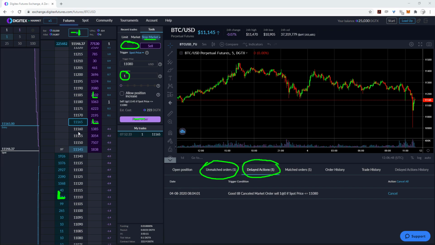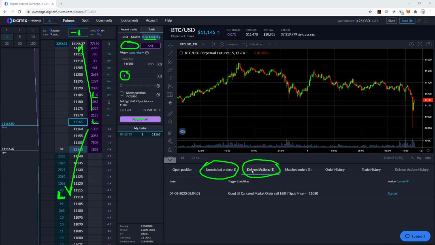And make sure that whether you get filled at the profit target or get stopped out, you go back and close any unmatched orders or delayed action orders that are out there. Make sure you clean up after every trade.